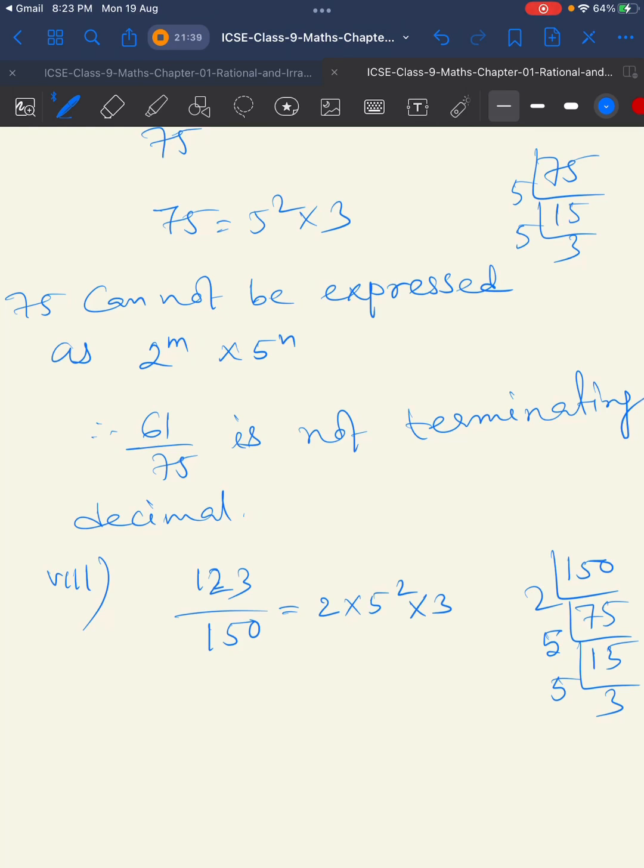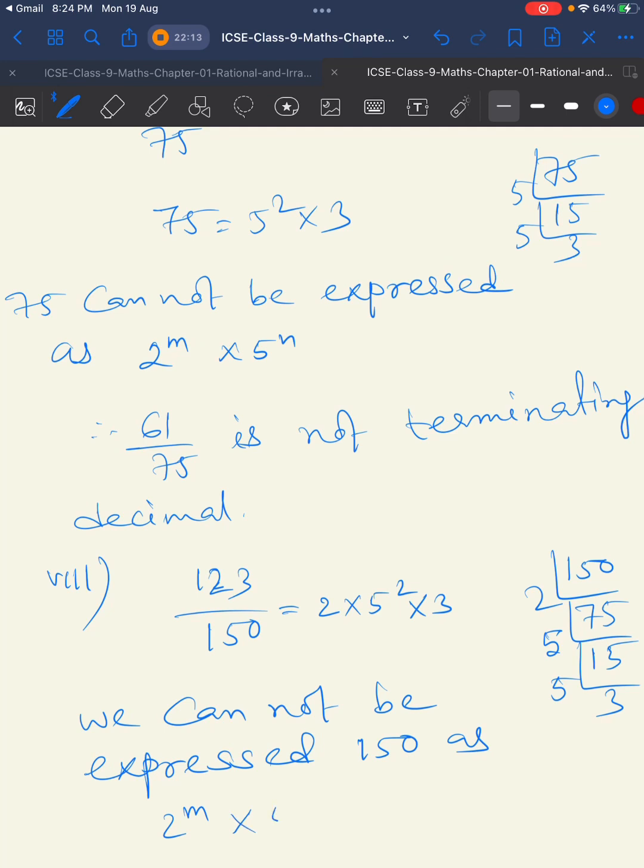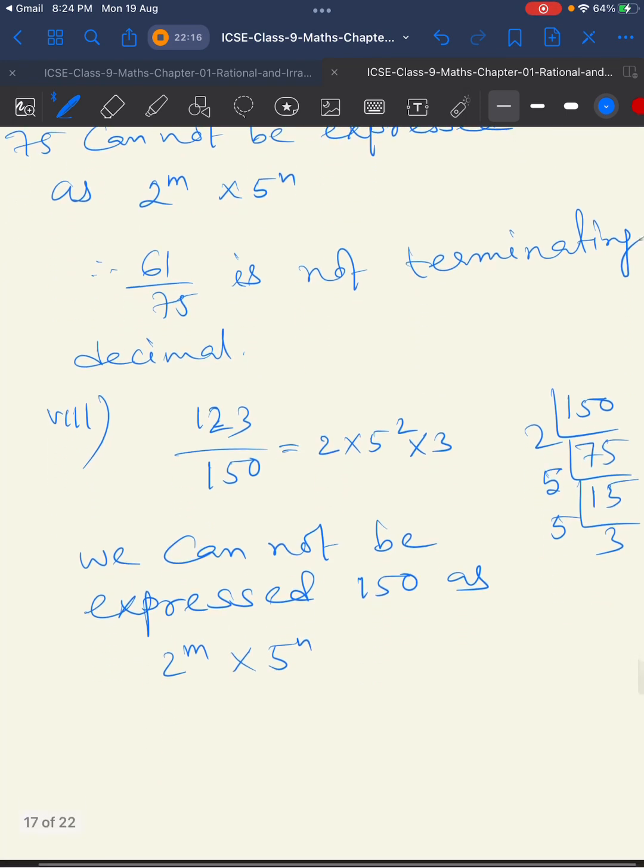So we cannot express 150 as 2 to the power m into 5 to the power n.